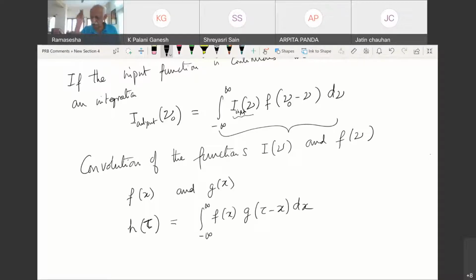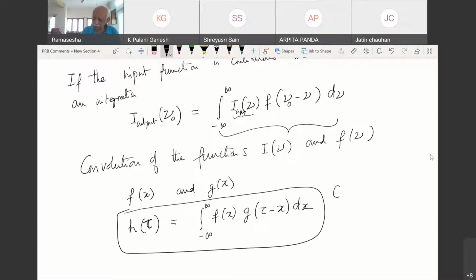Okay. So this is the definition of convolution. This is what you get. So the convolution, in this case, has involved two functions, which is actually spreading out the signal.